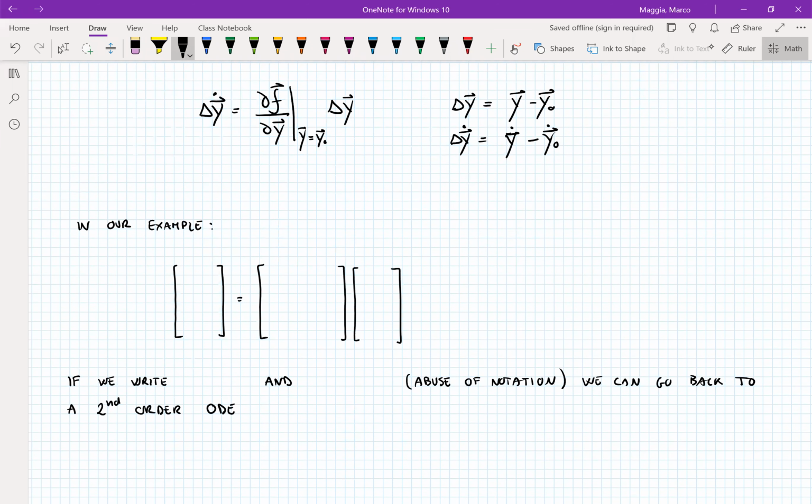So in our example, we have that delta theta dot and delta omega dot are equal to 0, 1, g over L, and 0, multiplying delta theta and delta omega. And this is the linearized system.